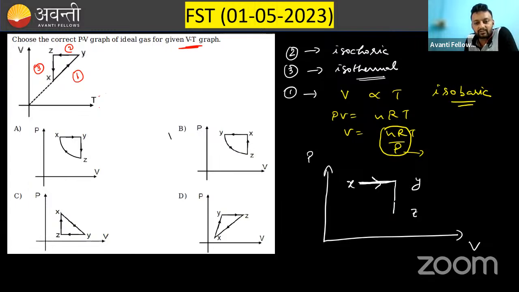That means temperature remains constant and it is from Z to X. And in this process, volume was decreased, so this is isothermal compression. So this is the complete process X, Y, Z, which is option number first. Option A is the correct option.